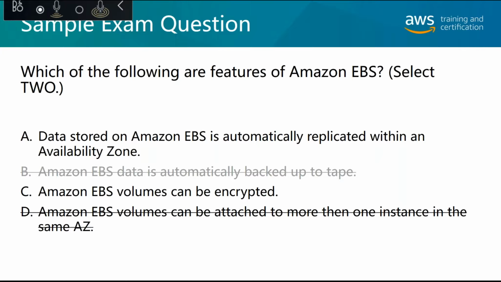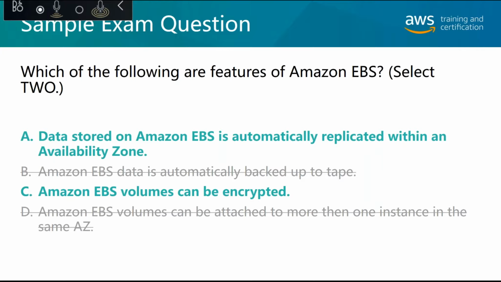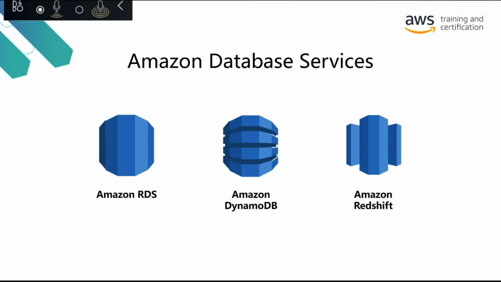EBS sits attached to an EC2 within an availability zone. And then the last one, you cannot attach EBS to more than one instance. If you want to attach a file system like an NFS, you would use EFS. Elastic File System allows you to attach a file system to multiple EC2 instances, or share them across EC2.